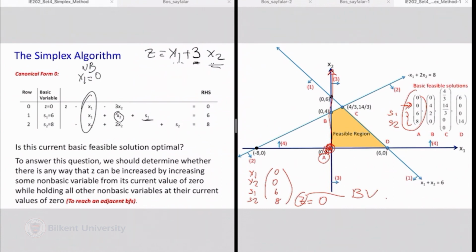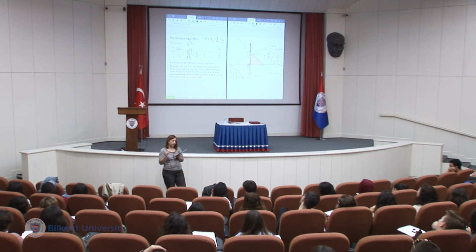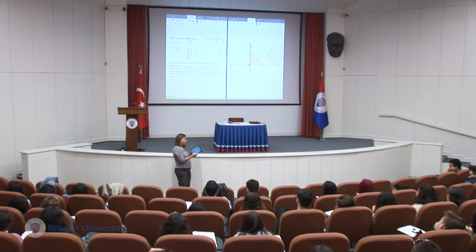But only that one will become positive, the other one will stay at 0. So I will see what will happen when x2 increments to s1 and to s2. That's another reason for the canonical form representation. I will see the direct change in the current basic variables if I increment my x2. Sounds good? Okay, so let's take a break.